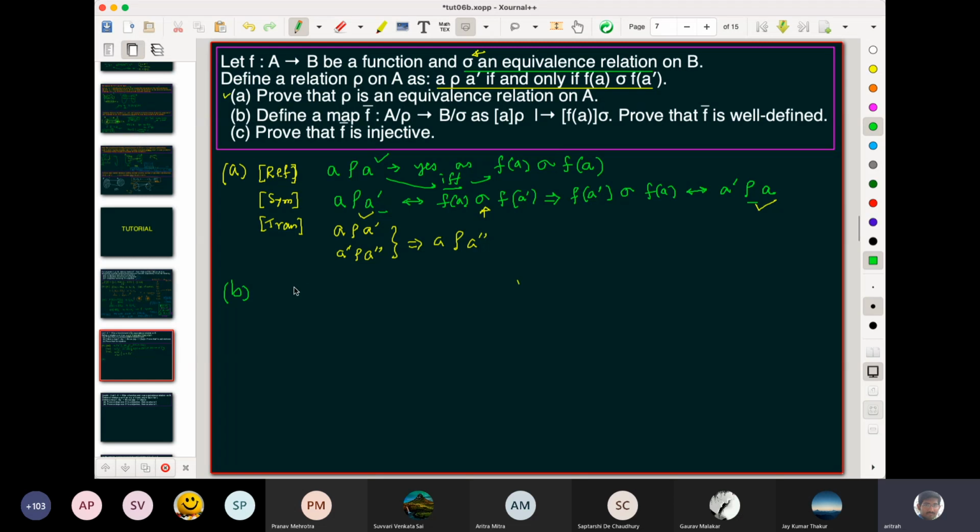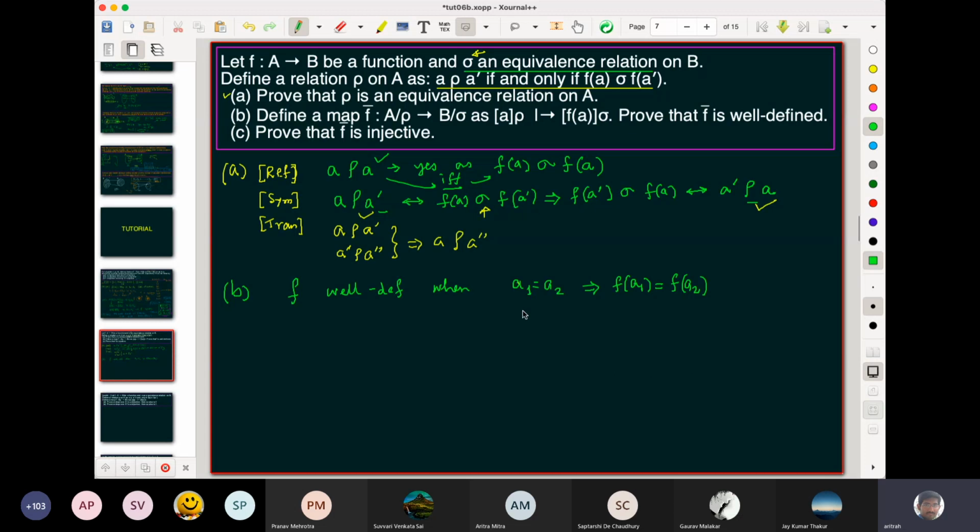By the definition of well defined, a function f is well defined when you take two elements a1 and a2, and if they are the same, it will imply f a1 equals f a2.